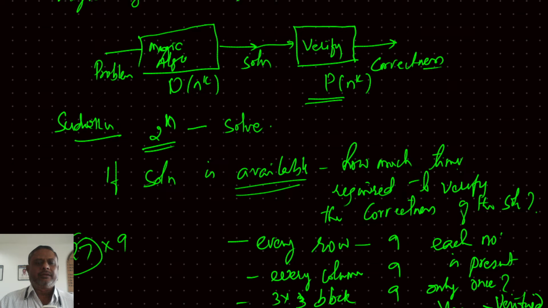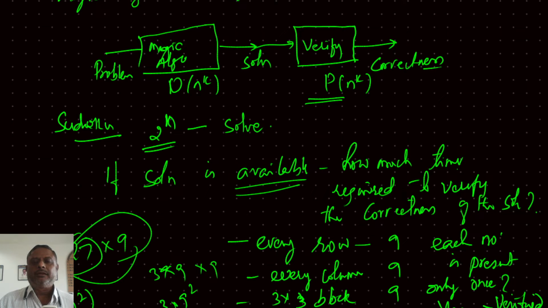So it's 3 into 9 into 9, something like 9 square into 3, so somewhere on the order of n square. So that's polynomial time required to verify whether the solution is correct or not.